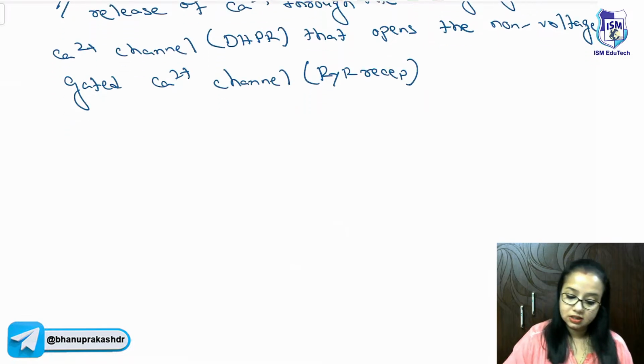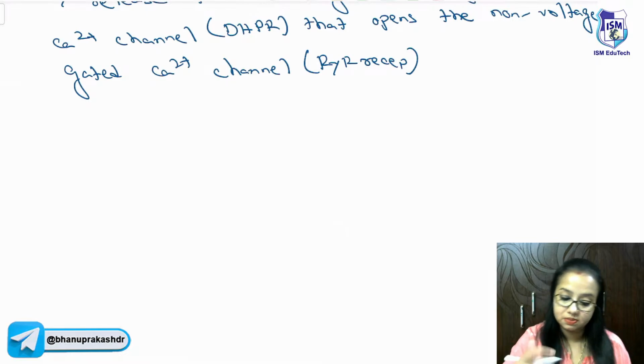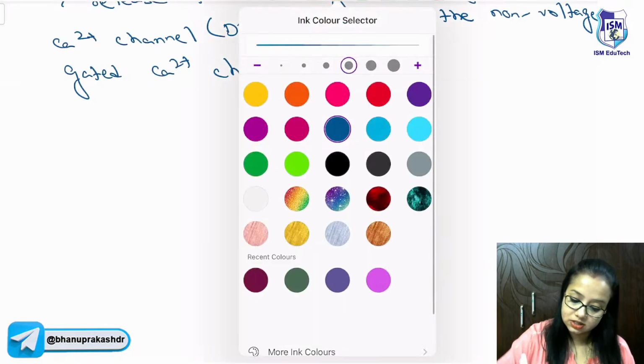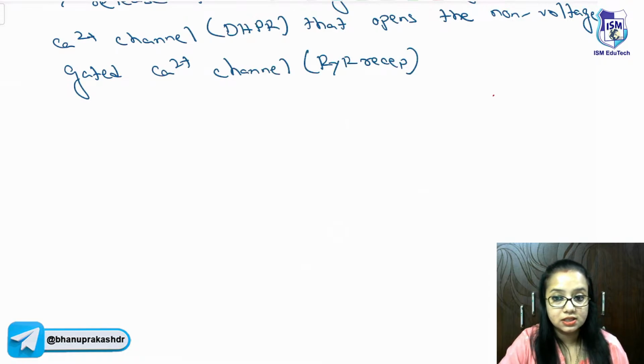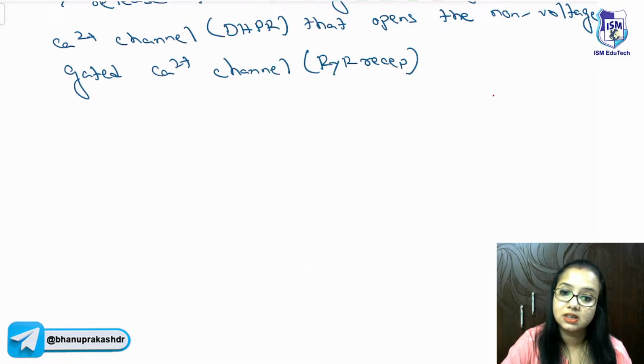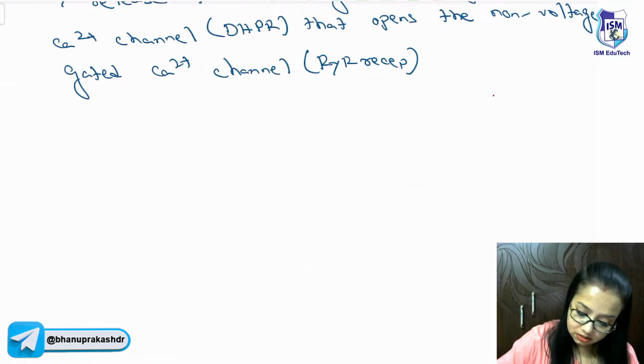So first there is release of the calcium through the voltage gated calcium receptor, then it induces a conformational change in the ryanodine receptor, which is a non-voltage gated calcium channel, and then there is this physical contact between the two, which leads to the contraction of the skeletal muscle.